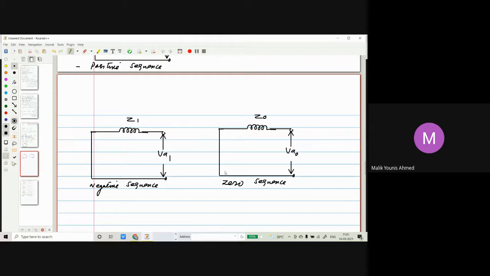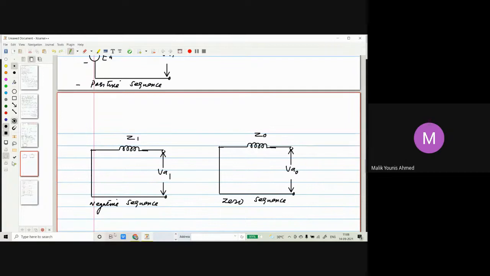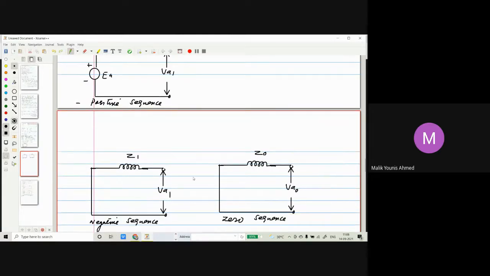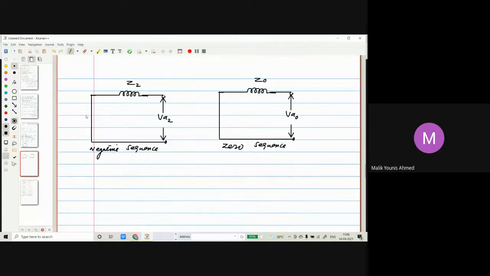So these are the sequence networks for the three. If somebody asks you to draw, this is very simple. Positive is 1, negative is 2, zero is 0. So this is the negative sequence.